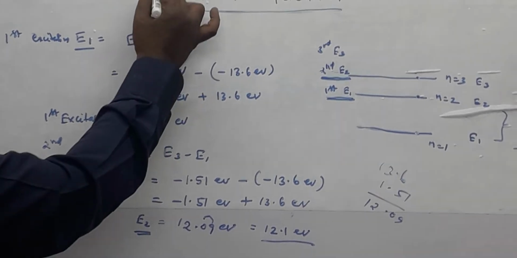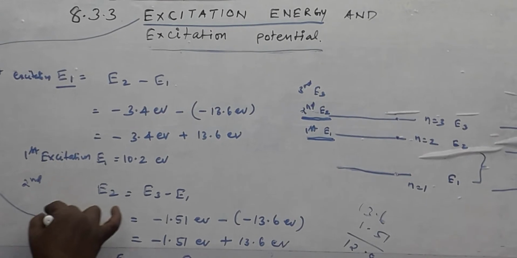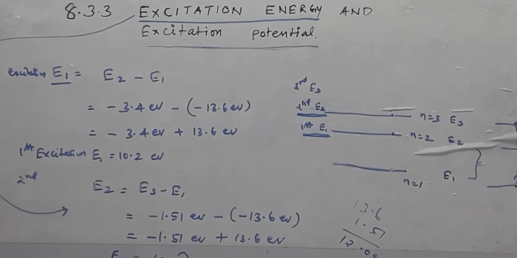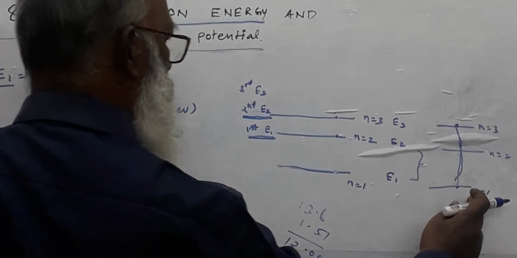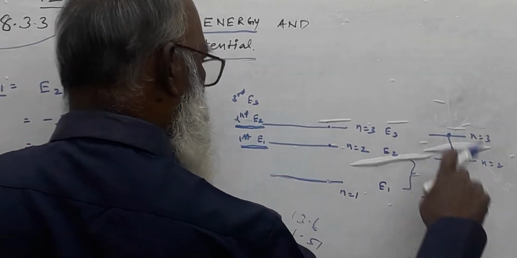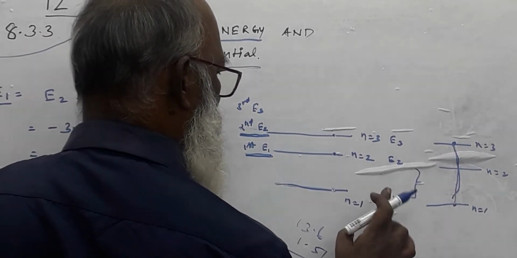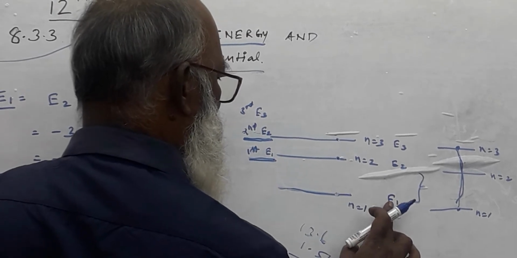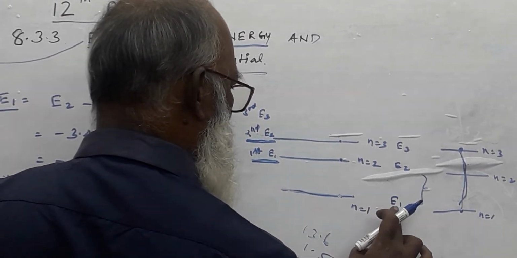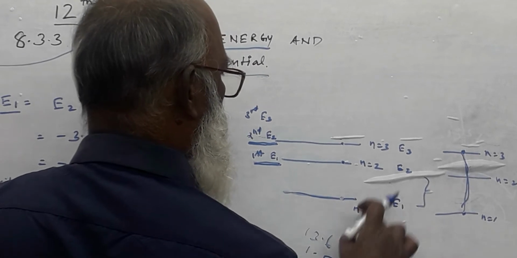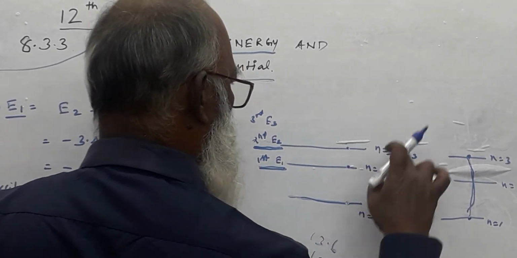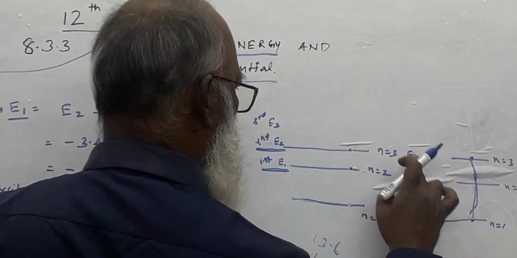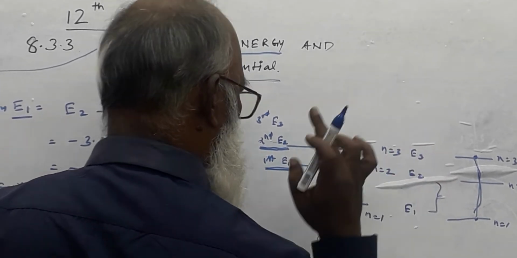These are all excitation energy. This is not the energy in the orbital. Normally, when we say E1, this is the energy of the electron in the first orbit; E2, the energy of the electron in the second orbit; E3, the energy of the electron in the third orbit.